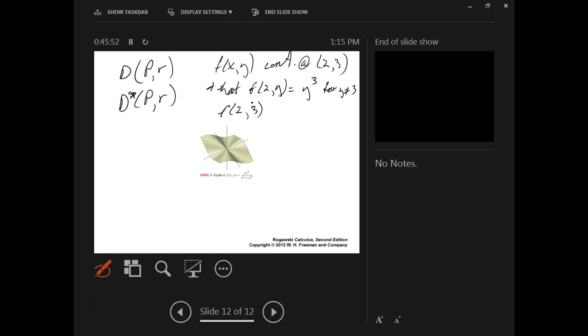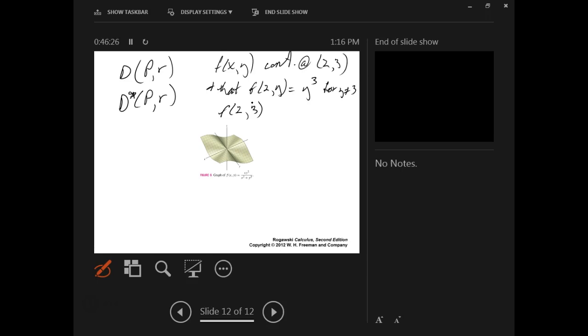For y equal 2.9, it would be whatever that turns out to be. 3.1, whatever that is. And so you see, for this to be continuous at 2, 3, you can't have a jump there. You can't have a hole there. You have to have it equal to that. Otherwise, it wouldn't have been continuous there. Without this being up there, you could have defined f of 2, 3 to be something else, and it would be continuous everywhere except there.